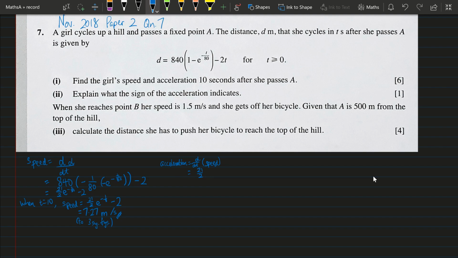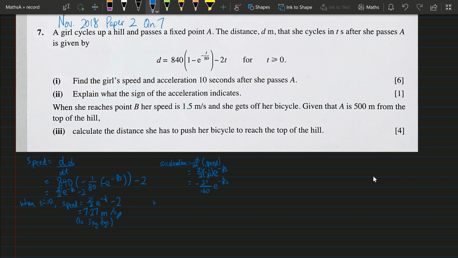Differentiate an exponential, you get back yourself. Just write this down first, and then you need to multiply by the coefficient of t here. Actually, it's the derivative of the power, but to keep things simple, it's just the coefficient of t, negative 1 over 80. Close bracket. Differentiate 2, you get 0, so there's nothing left. So this one we would get negative 21 over 160 exponential negative t over 80.